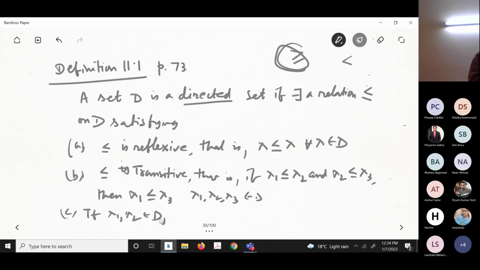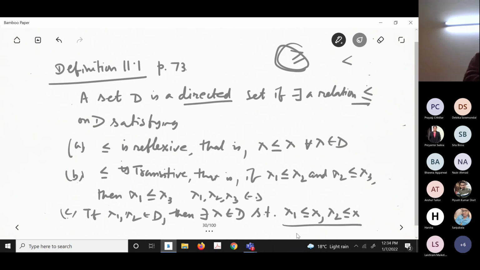I will have to be careful about the notation. Then there exists lambda belongs to D such that this. Look, I am not writing greater than or equal to, though it will come later on. Usually we say this is bigger than, but since I have only this relation, I am writing this. Okay, there exists.